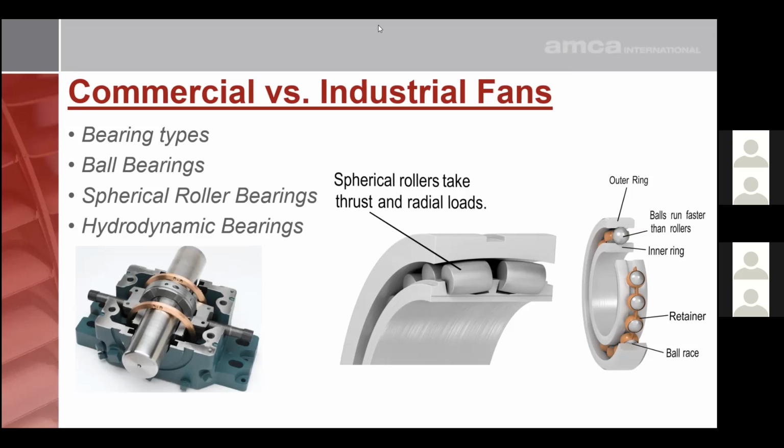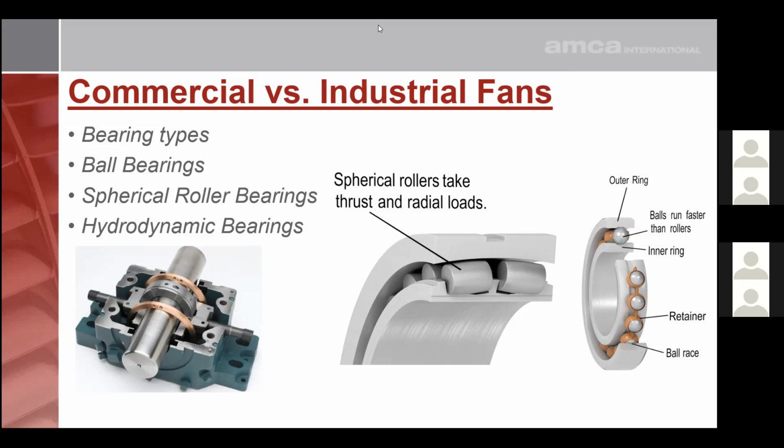This is another point where there's not really a fixed line as far as when we switch from roller bearings to hydrodynamic bearings. You could say generally about 1,000 horsepower fans feature hydrodynamic bearings, pictured on the bottom left there. But this is somewhat of an owner preference on which type of bearing they want to see in their fan.